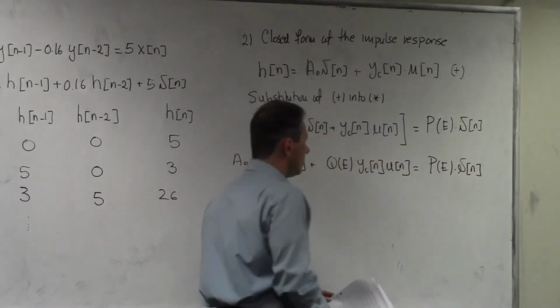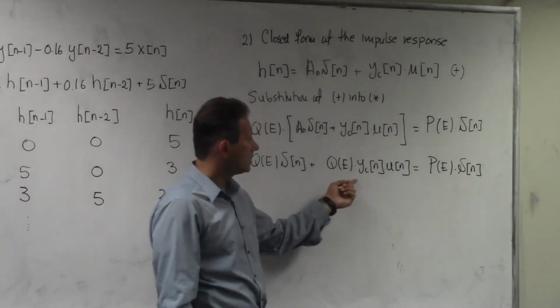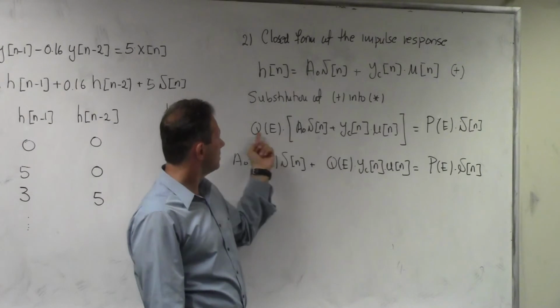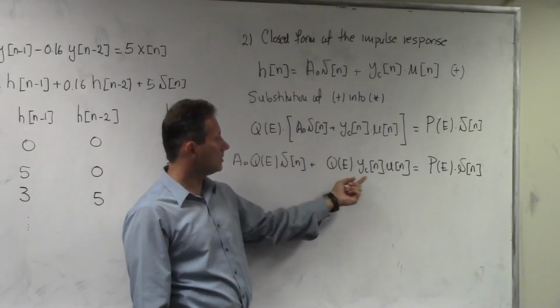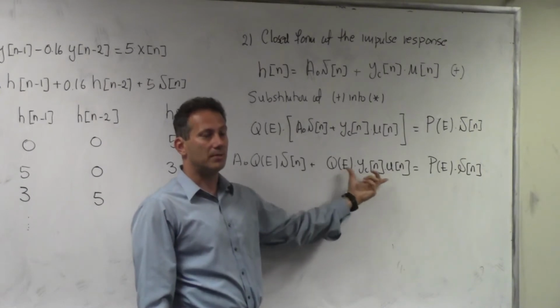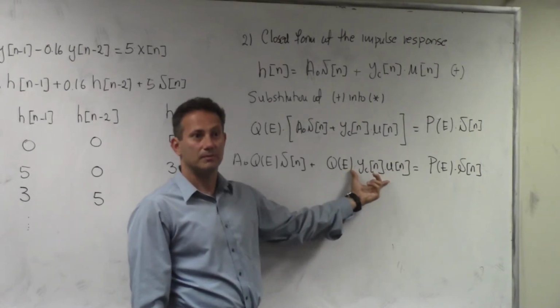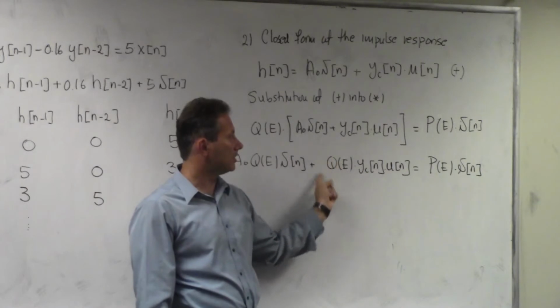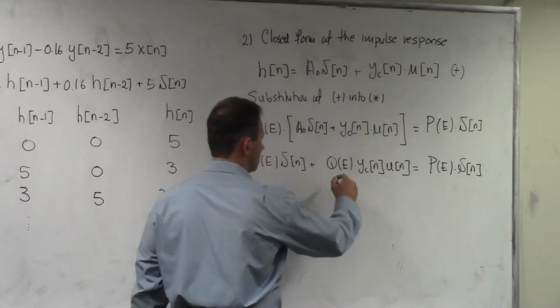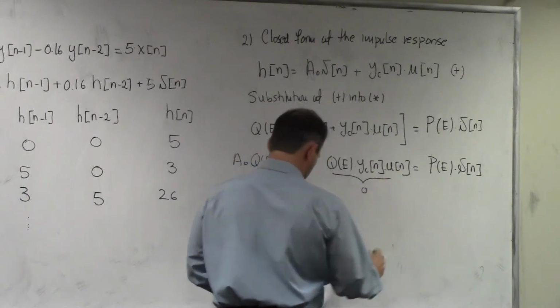Now, these natural modes are solutions to my difference equation. Because I'm applying Q of E to them, remember these guys came out of the solution to Q of E applied to this equals 0. Therefore, this part here is equal to what? Right? It is equal to 0. So this part here is equal to 0.